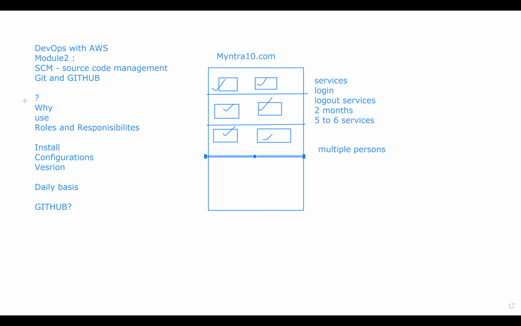Let us consider this person is working from Bangalore or Hyderabad, another person is working from a different state, we can consider Chennai, and the third person is working from the States.